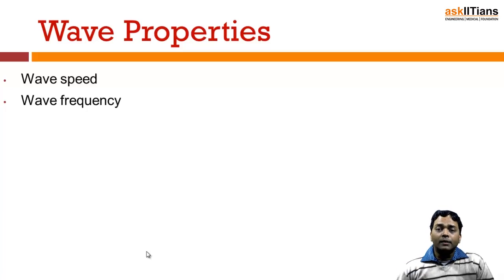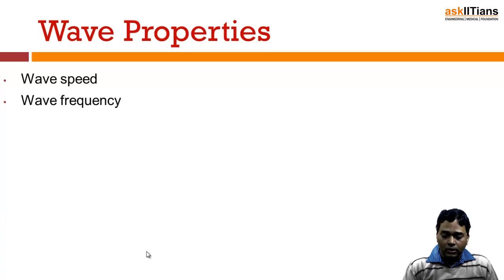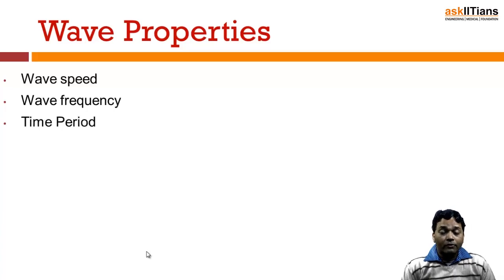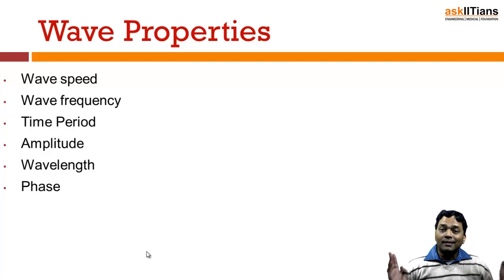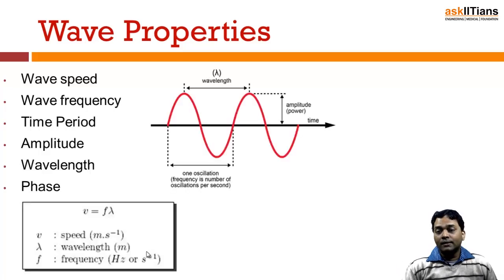Since it repeats itself, there is going to be something known as the wave frequency, a frequency of oscillation, and the inverse of the frequency gives us the time period. We have already talked about the amplitude. Amplitude is the maximum displacement from its original point. Wavelength is the distance between consecutive crests or consecutive troughs. Phase is very, very important.